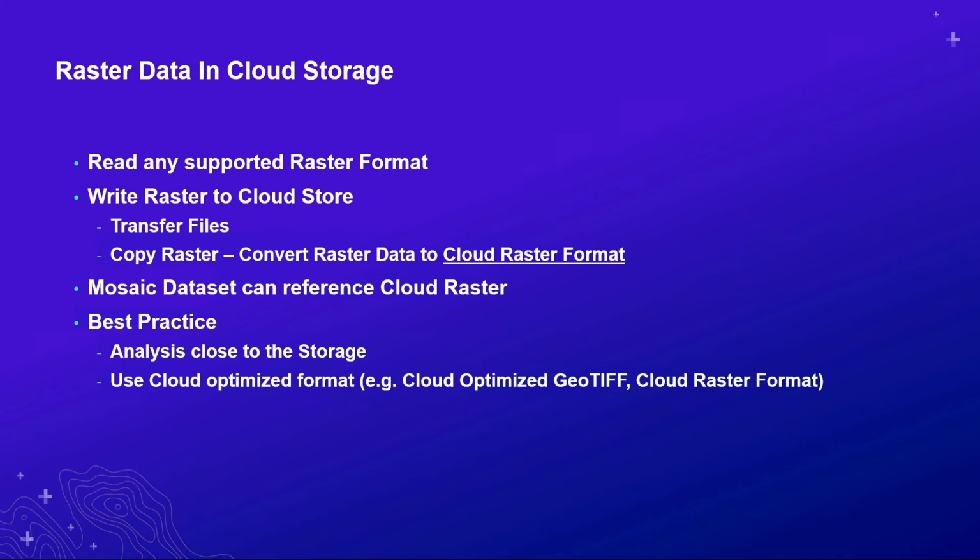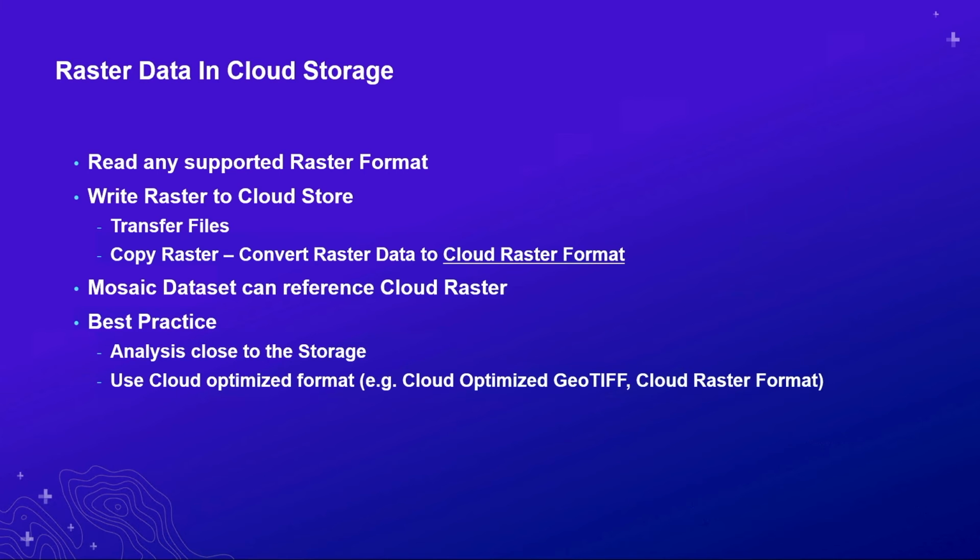What I mean by that is, if you store your data in a certain region of, let's say, AWS S3 in US East, it is always the best practice to have your analysis application deployed on a machine that is near to the data store region. You have to deploy your VMs close to the AWS S3 storage in the US East region.